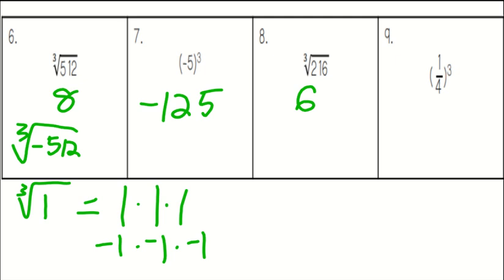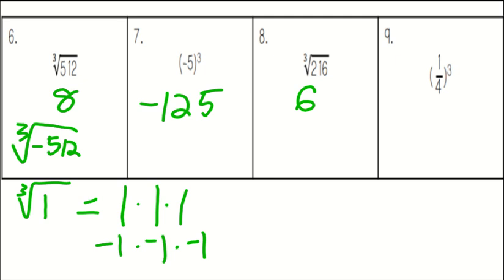You're looking for what number times itself 3 times equals that number. So 6 times 6 is 36. 36 times 6 is 216. That's where those numbers come from. When you're looking for the cube root, you're looking for what number times itself 3 times equals that number.